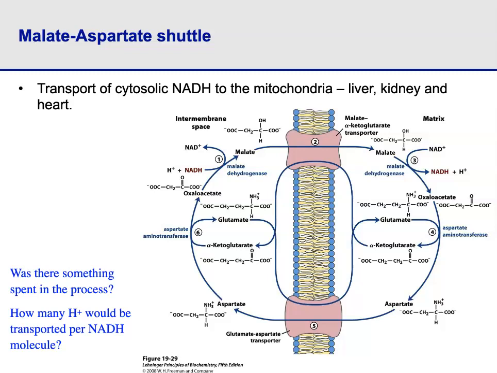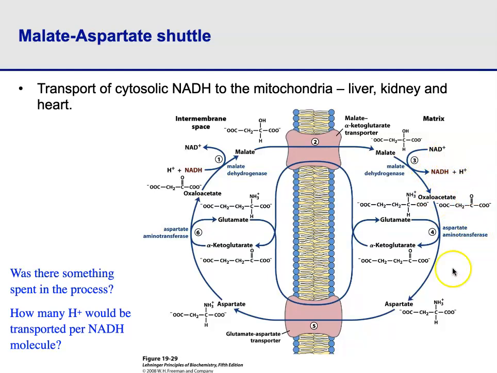However, the body has established a pathway that channels NADH from the cytosol. Here it's shown in the intermembrane space because NADH passes through the outer mitochondrial membrane. It just cannot pass the inner mitochondrial membrane. And so this mechanism, called the malate-aspartate shuttle, will move NADH from the cytosol to the matrix of the mitochondria, and then that NADH can offload its electrons to complex 1.